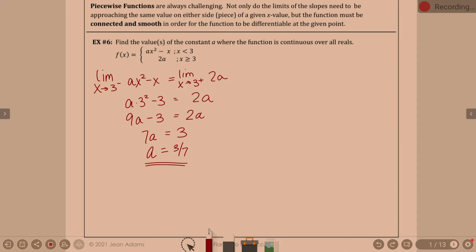Now, since we're talking about differentiability, I want to talk briefly about how we can show, or maybe shall I say justify, that this is differentiable. And then we don't want to look at the limits so much as the limits of the slopes, if you will.